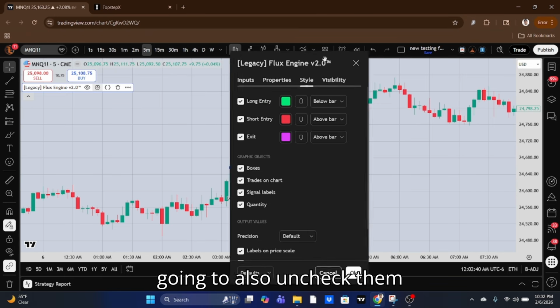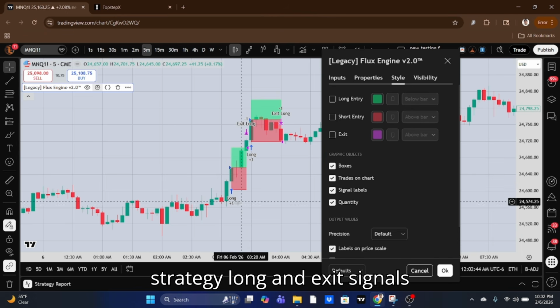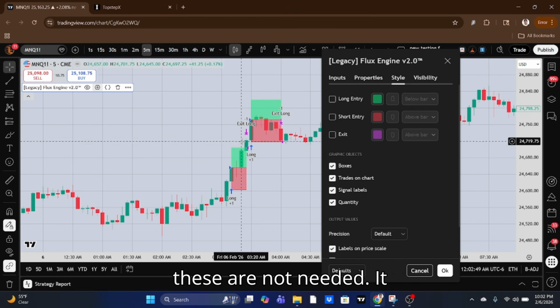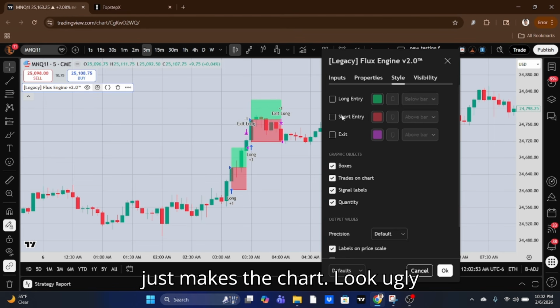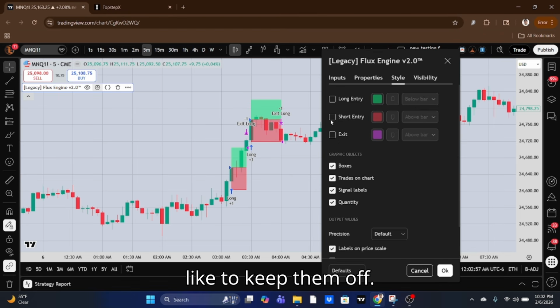So I'm also going to uncheck them because we already have the strategy long and exit signals from the strategy. These are not needed. It just makes the chart look ugly, cluttered and redundant, so I like to keep them off.